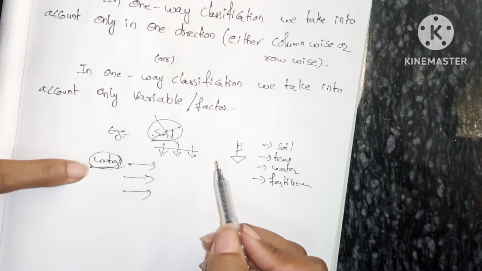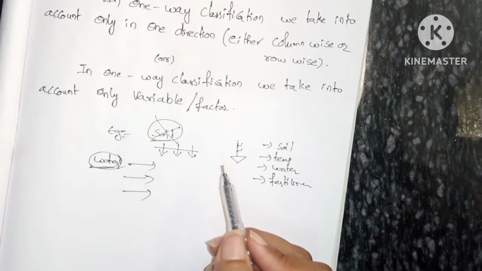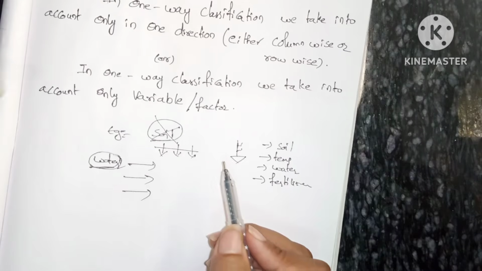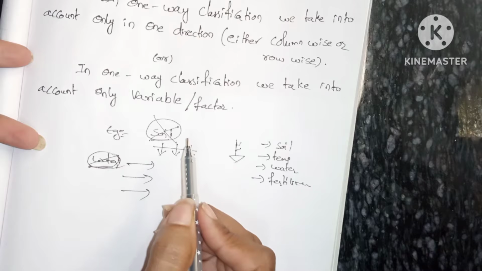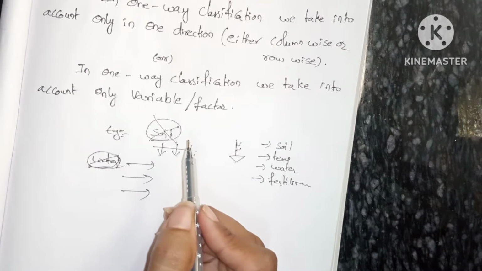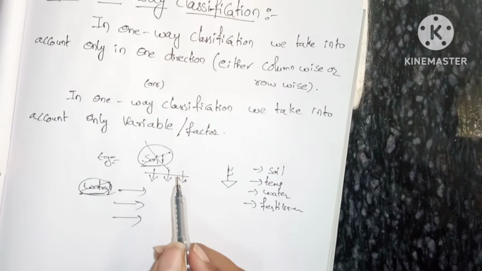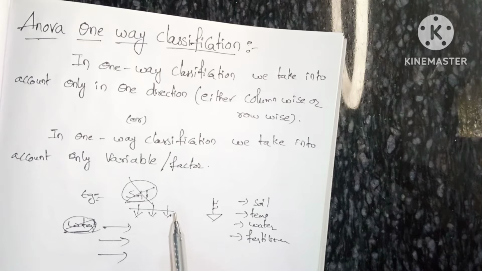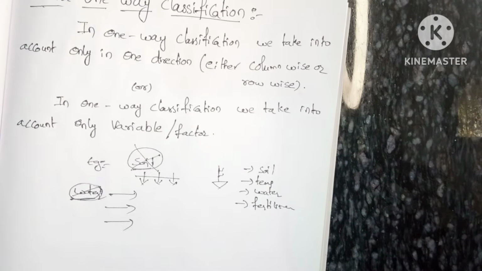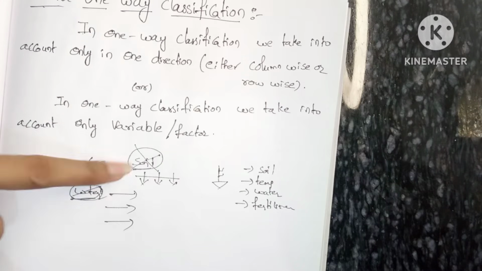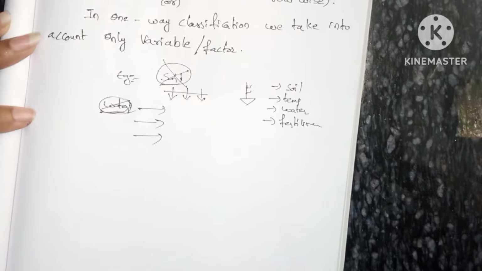Or else you don't consider water, you consider only soil. So that is called ANOVA one-way classification. ANOVA one-way classification in the sense what? We consider only one direction, either row or else column. Okay, so now let us see.